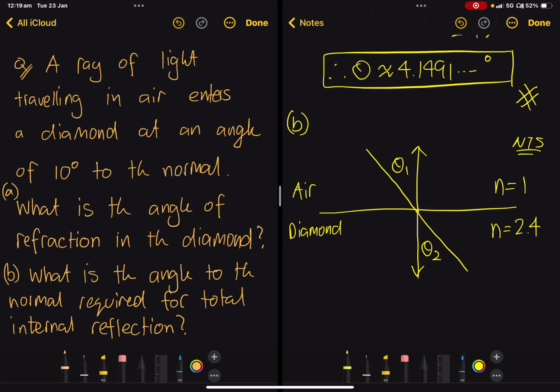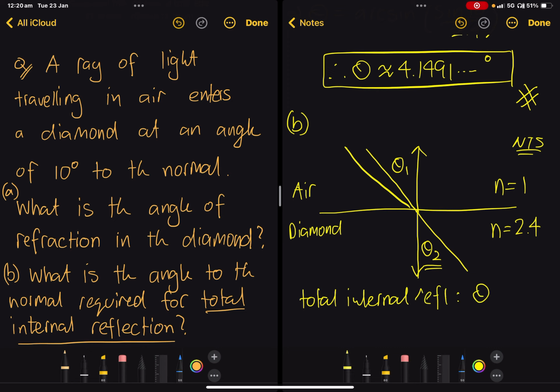Now, total internal reflection means that theta 2 is equal to 90 degrees. It means that the light comes in this way and then reflects at the surface. So total internal reflection is such that theta 2 must be equal to 90.